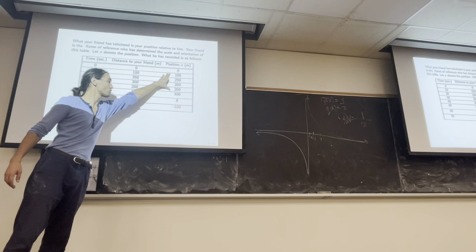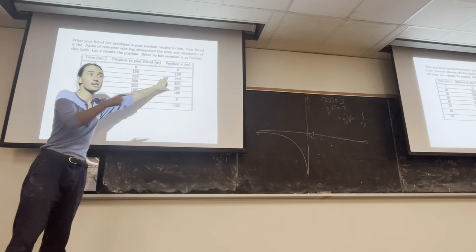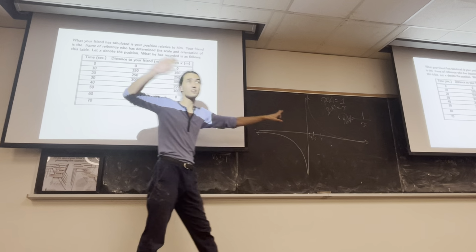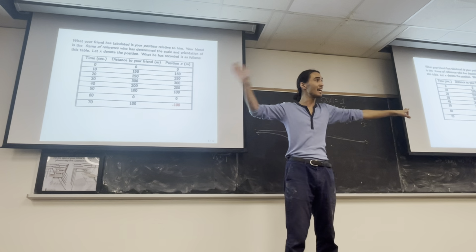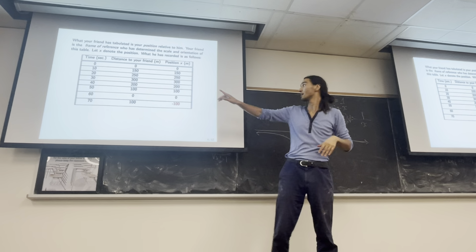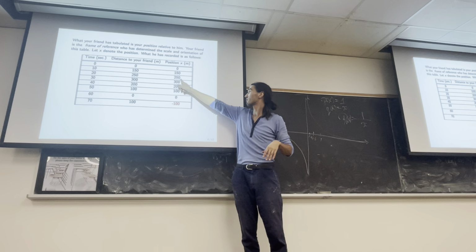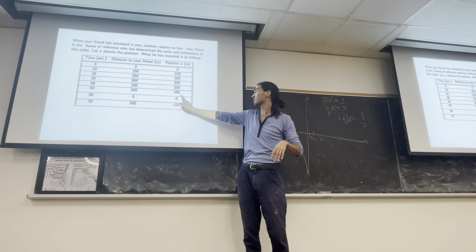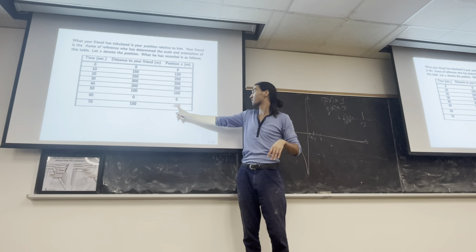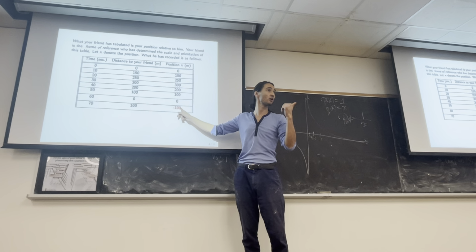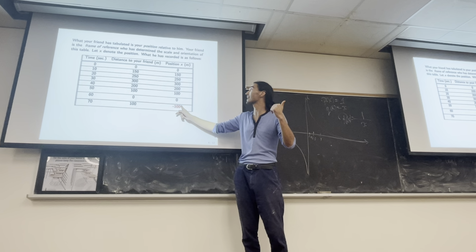But my position relative to him has an orientation: positive when I'm going in a positive direction, negative if I'm behind him. So I'm 150 meters away from him, 250, everything is fine here. The only difference is now I am behind him, and this indexes exactly that.